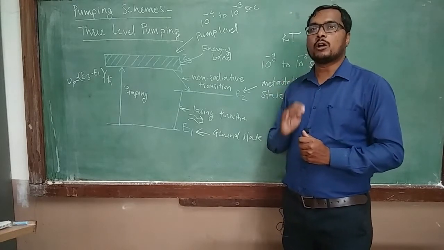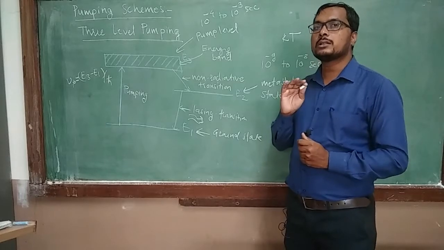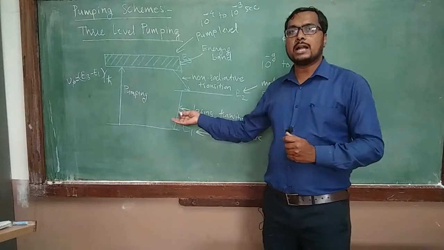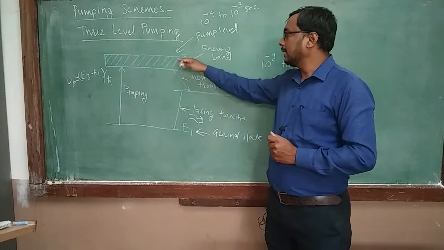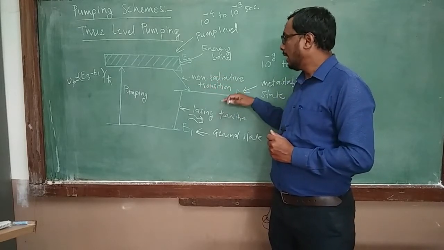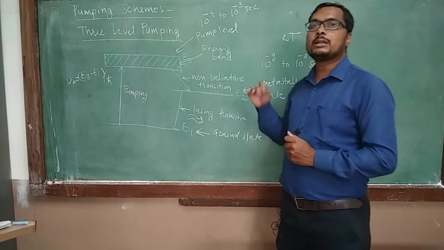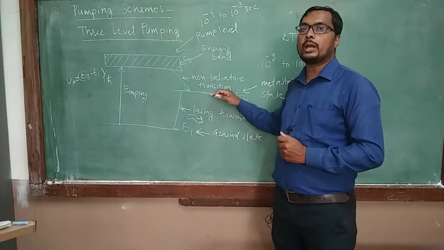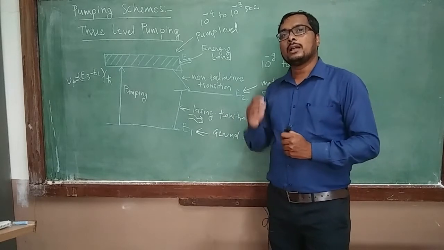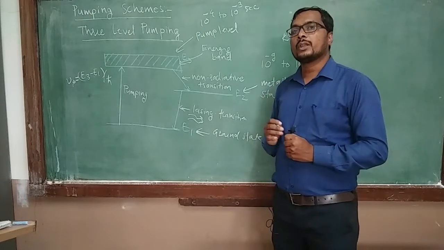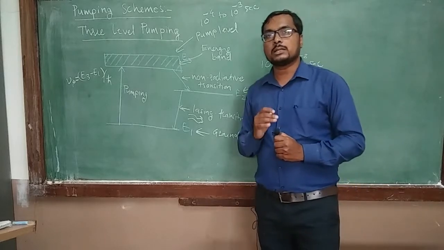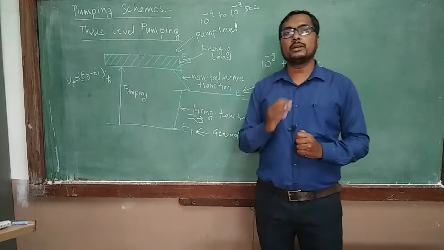Again it will stop operating for a short time. Again our pumping agent will lift the atoms to the upper energy level, and these atoms will be available for lasing or stimulated emission at level E2. When the population inversion is again created between E2 and E1, our laser will again start lasing. That means in the case of the 3-level scheme we get pulse output, right? So these two are the drawbacks of the 3-level pumping scheme.